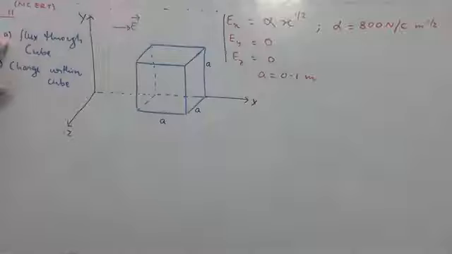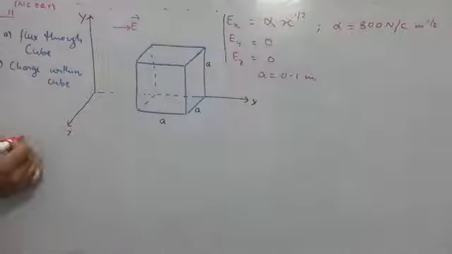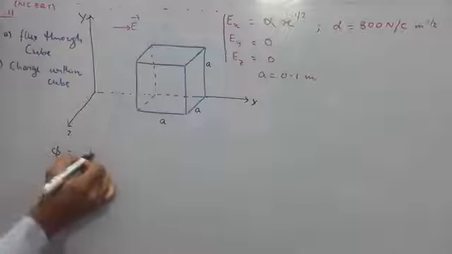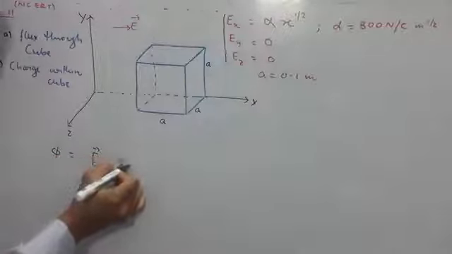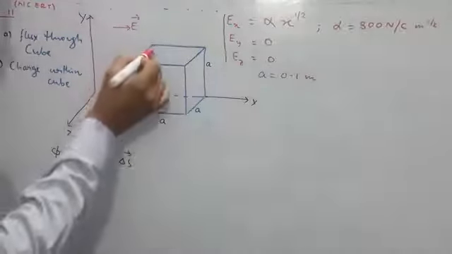First thing, part A, we have to find the flux through the cube. Flux, students, you know how to find. First we will solve A part. Flux formula is E dot delta S. So flux phi is equal to E vector dot delta S vector. This is the definition for electric flux. Now in this figure, this closed figure which you see of that of a cube, this is one surface.